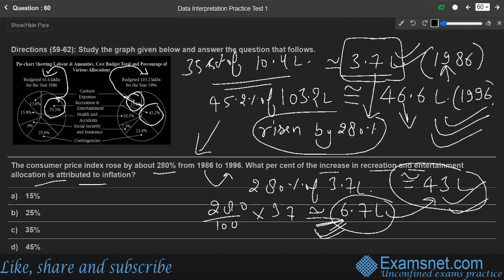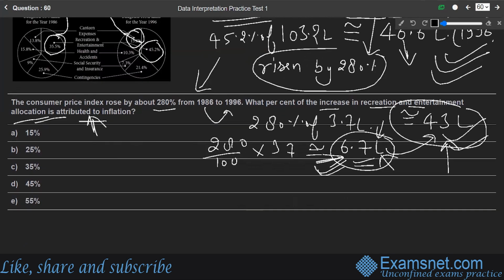What percent of the increase in recreation and entertainment allocation is attributed to inflation? Because of the inflation, what is the contribution? Because of the inflation, there's a price hike of 6.7 lakh, and the total price hike is 43 lakhs. Now the real question becomes, 6.7 lakh is what percent of 43 lakh? So 43 comes down to 100%.